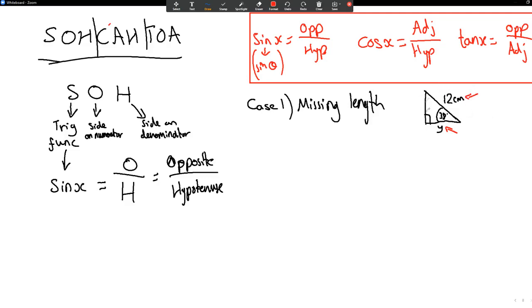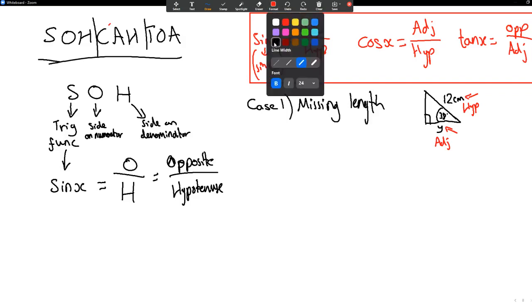This side here, the opposite, we don't know the value, and we don't want to know the value. So that's the side we don't care about. But these two, the hypotenuse, because it's opposite to the right angle, and the adjacent, because it's adjacent to this angle, are the ones we want.